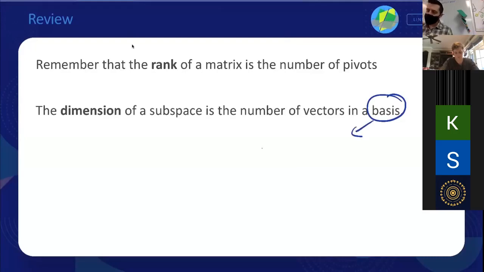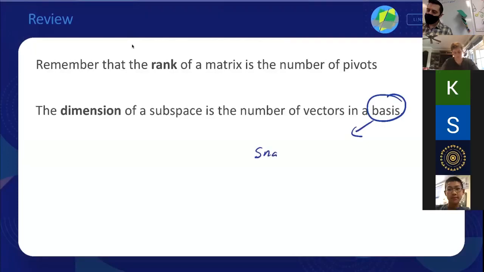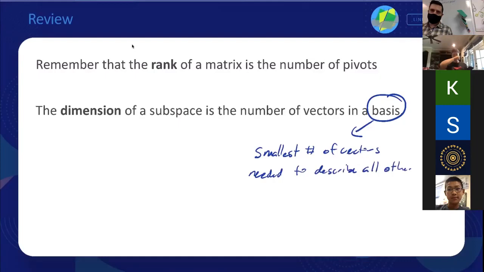Basis is the smallest number of vectors needed to describe all the others by linear combination. So like think in R2, we need 2 of them, like (1, 0) and (0, 1).